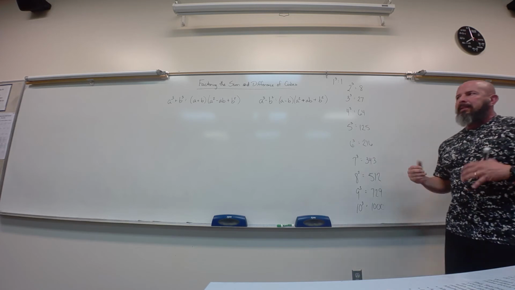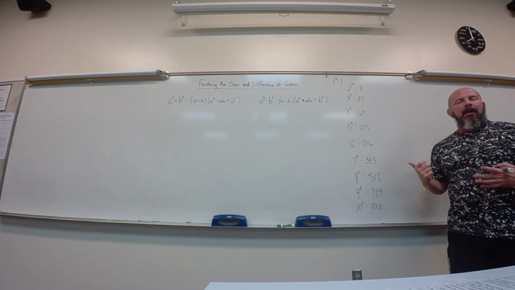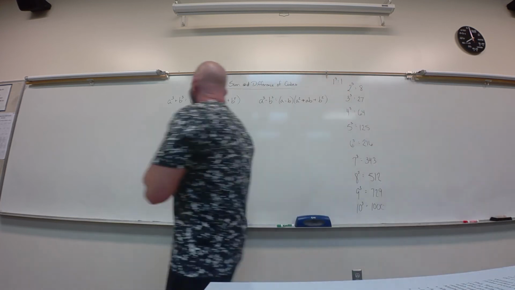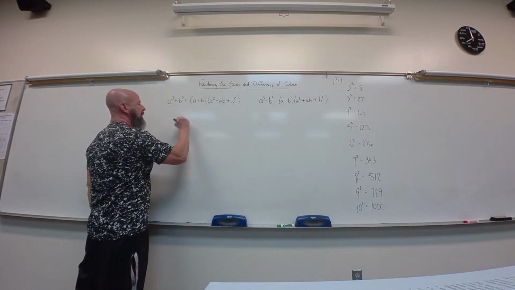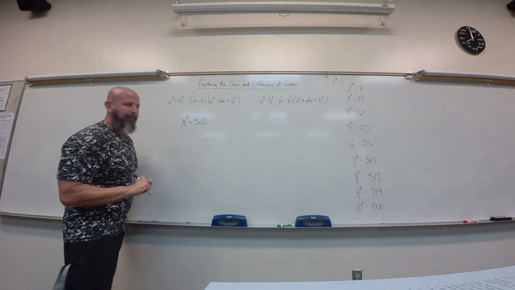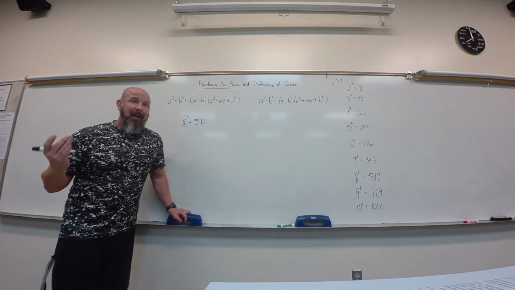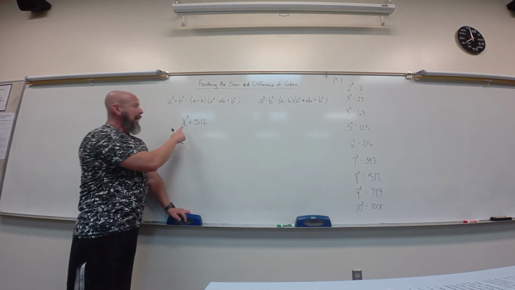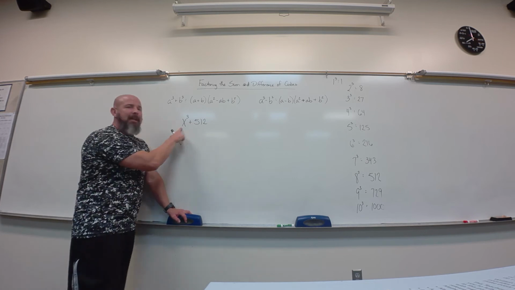What's telling me that I'm looking at factoring a sum or difference of cubes is I actually see a variable cubed. So if I saw x cubed plus 512, for example, and I'm asked to factor this, I might not recognize that 512 is a perfect cube right away, but I know there's a very strong possibility of it being a perfect cube because the x is cubed.